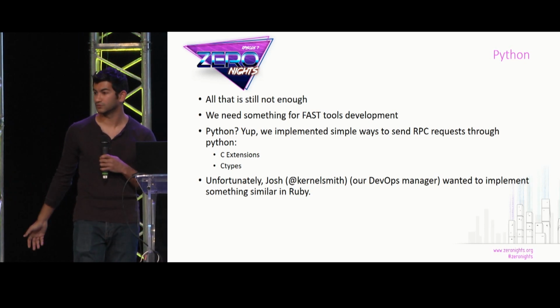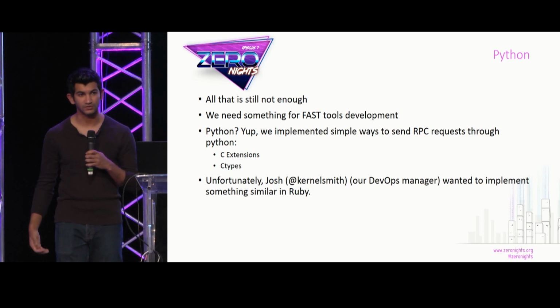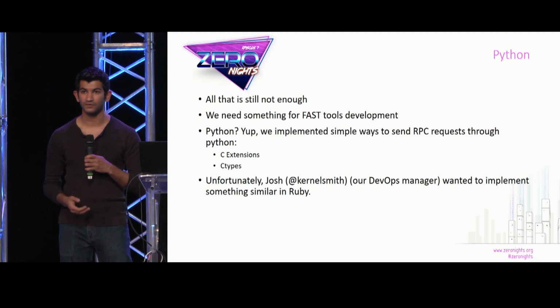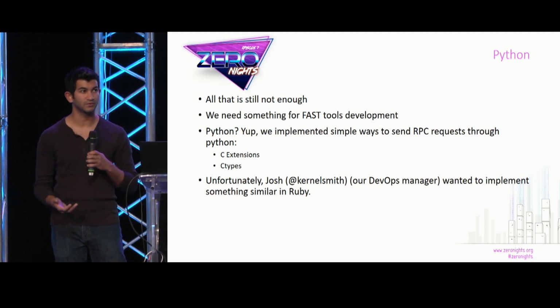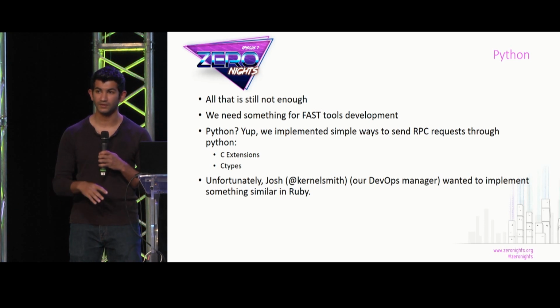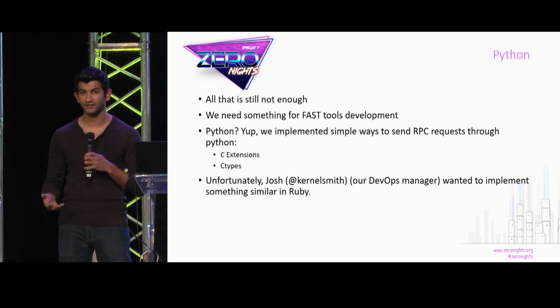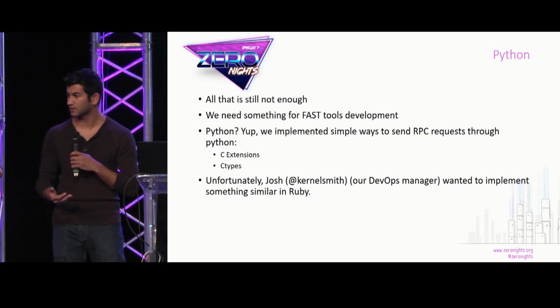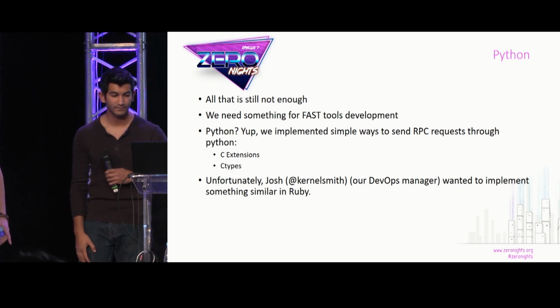Abdul had mentioned that we had a presentation at DerbyCon a couple months ago. Our DevOps manager, Colonel Smith, used to be a contributor to the Metasploit project, and he really wanted an interface for VMware in Ruby. And so he implemented exactly that on top of Metasploit, and we released that, I think, a couple weeks ago, a month ago. It's end of September. Yeah.